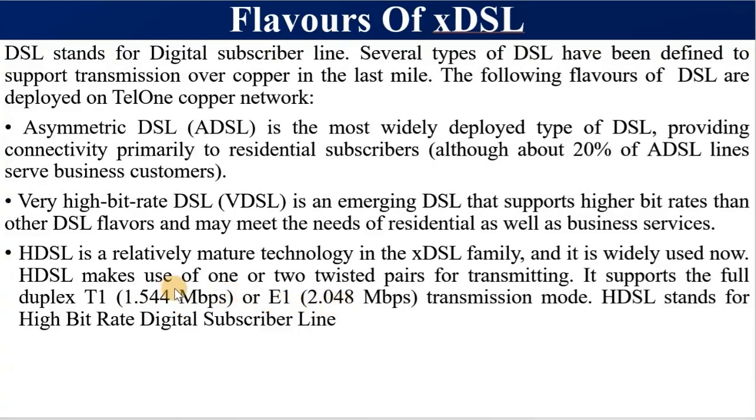They refer to this technology T1 as E1, and it has got superior speeds, 2.048 megabits per second. And as I said, HDSL stands for High Bitrate Digital Subscriber Line. All these three flavors make use of a modem.